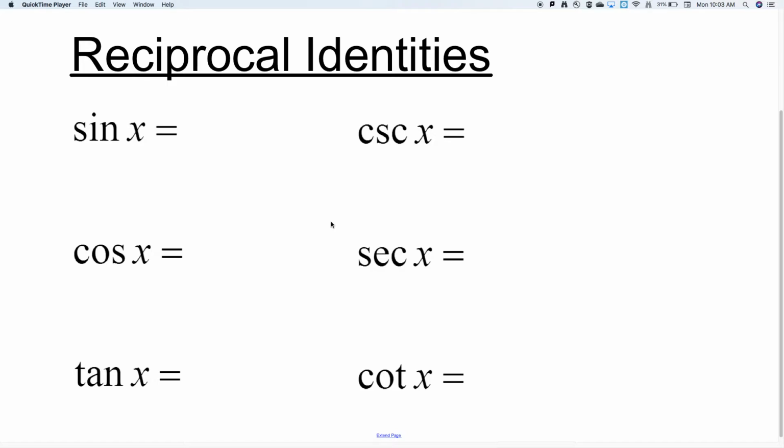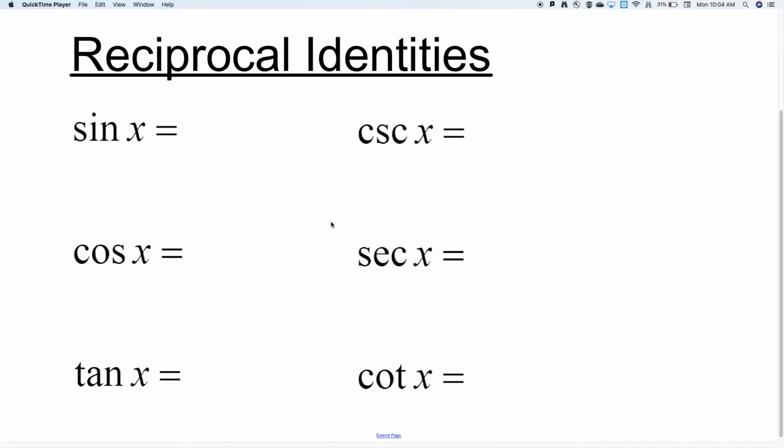So we have 6 trig functions, and every trig function has a reciprocal, right? The reciprocal to sine is cosecant, and vice versa. The reciprocal to cosecant is sine. I would guess that you guys know the identities for the reciprocal trig functions, cosecant, secant, and cotangent, very well because they're what you need to type into the calculator.